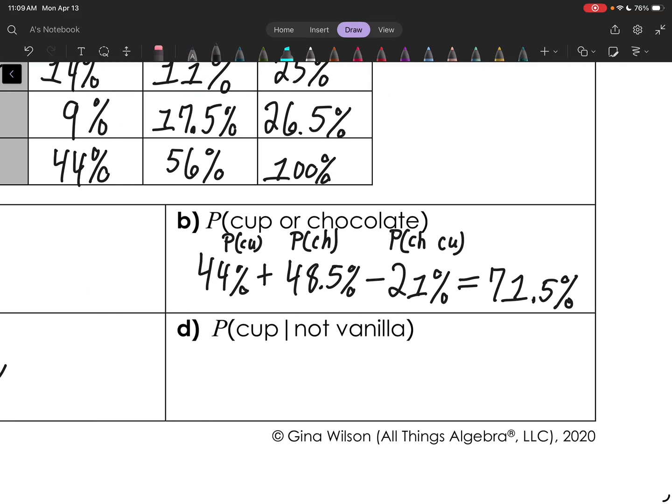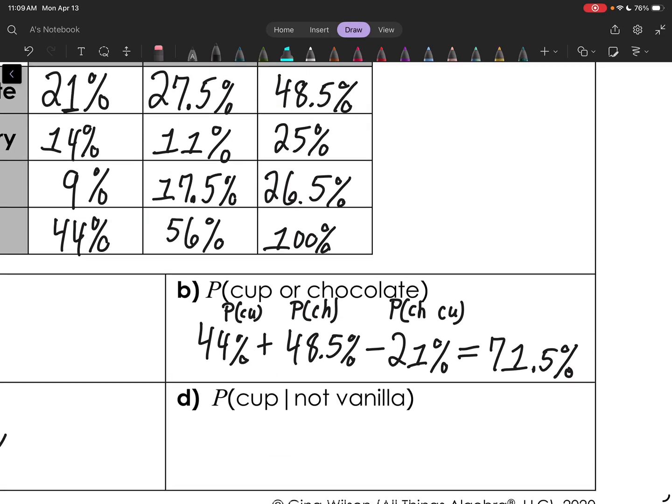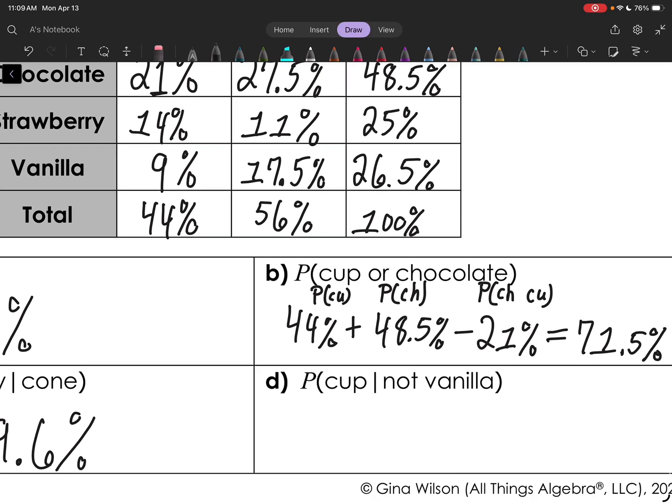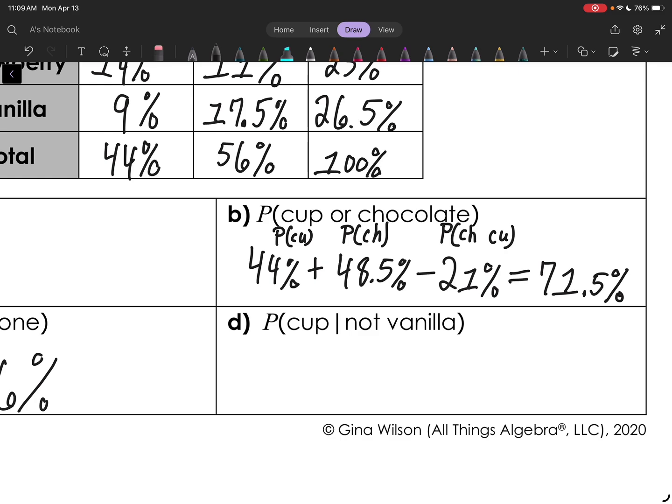What is the probability it is a cup given it is not vanilla? Okay, vanilla is 26.5. 100 minus 26.5 is equal to 73.5. There's my denominator.